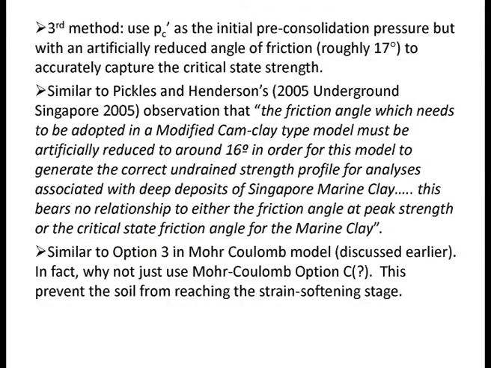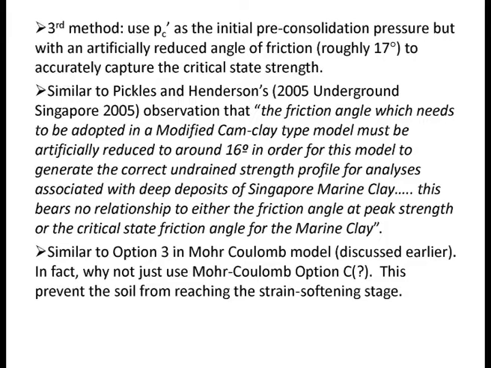2005, let me see, where is it? Pickles and Henderson's 2005 Underground Singapore paper, which says the friction angle which needs to be adopted in a modified chem clay type model must be artificially reduced to about 16 degrees in order for this model to generate correct undrained shear strength profile for analysis with deep deposit of Singapore marine clay. This bears no relation to either the friction angle at peak strength or the critical state friction angle for the marine clay.